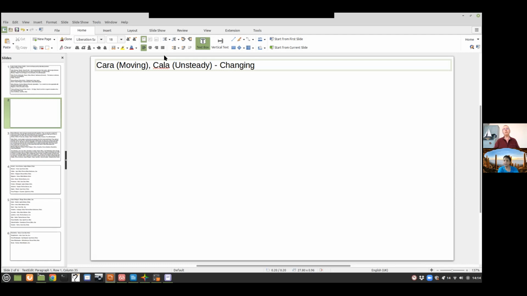If you imagine a rock on a precipice, right at the very edge of a cliff, and it sits there for thousands of years, and all of a sudden, out of nowhere, it falls down and starts rolling downhill. That's a good quality of the Chara and Chala nakshatras.